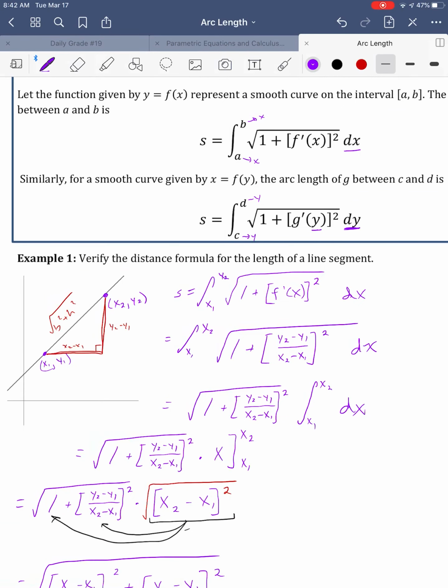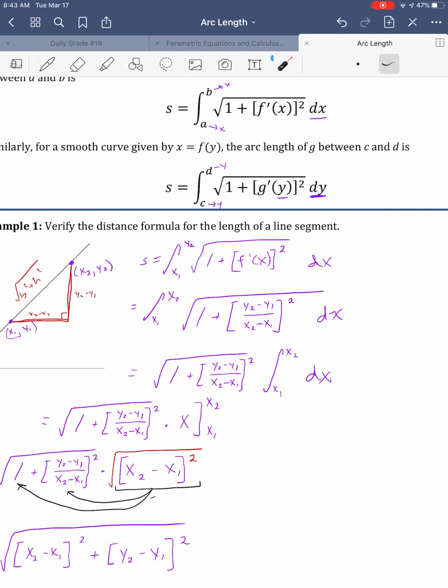First thing is I need the derivative. Now derivative means slope. So the place I got this from, that's just the slope of the straight line, change in y over change in x. All right, the next thing I did is note that all of this is a constant. Since all that's a constant, I can just take it out front of the integral. None of that is a variable.